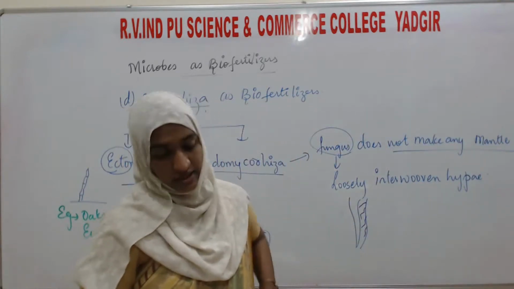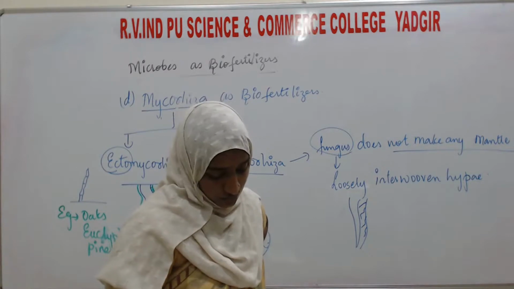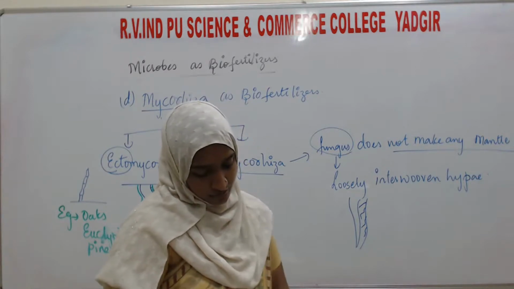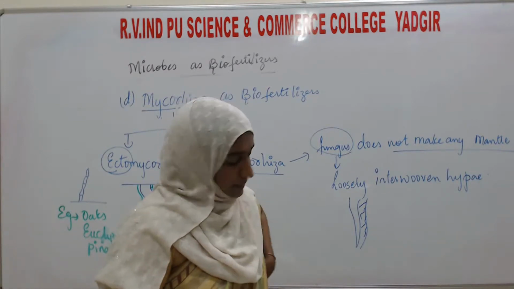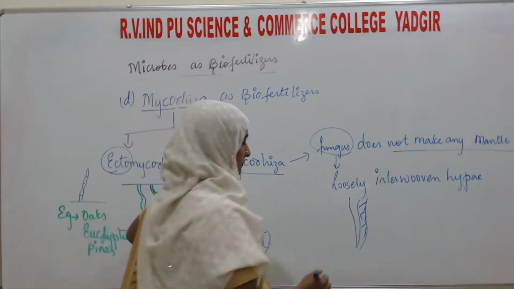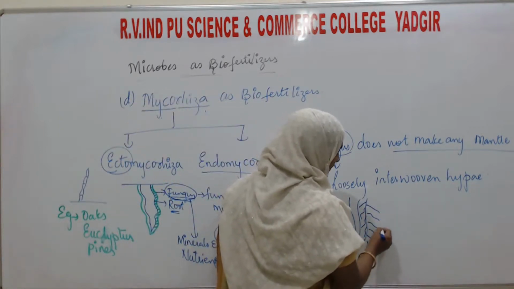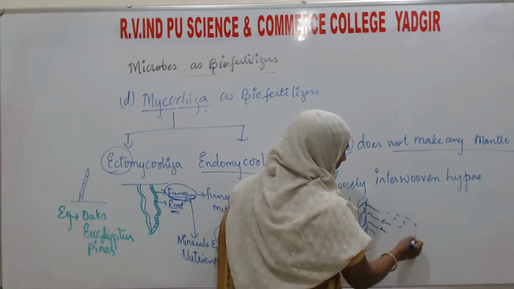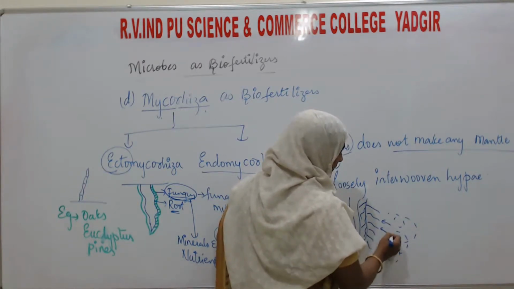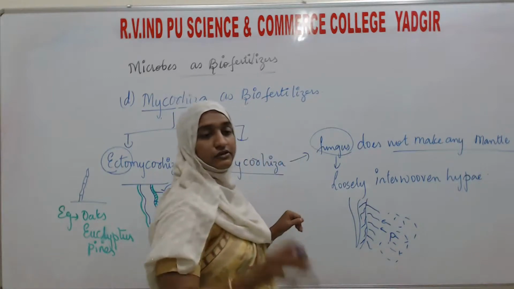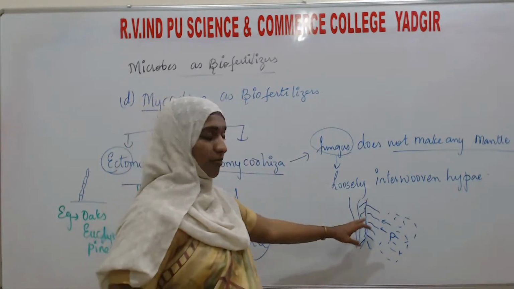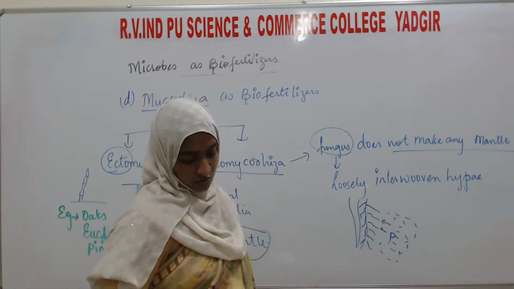Whatever the hyphae which is penetrating into the cortex of the root as well as into the soil, they will absorb the phosphorus. So this is the fungus and this is the hyphae. What they are going to absorb from the soil is the phosphorus, and they are providing it to the roots.